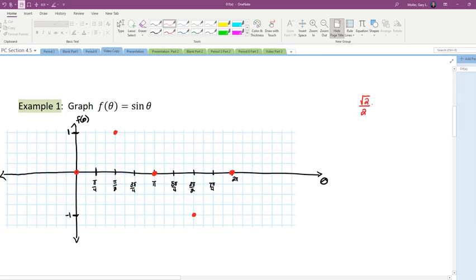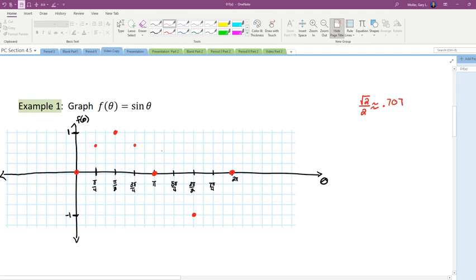If you check it on your calculator, the square root of 2 over 2 is about 0.707. If I'm going by grids of 4 here, this would be 0.75, so I'm going to be slightly under there. So pi over 4 is root 2 over 2, and 3 pi over 4 is also root 2 over 2.